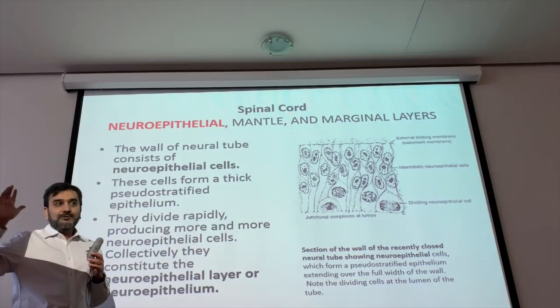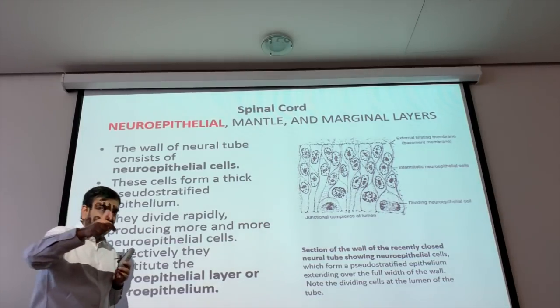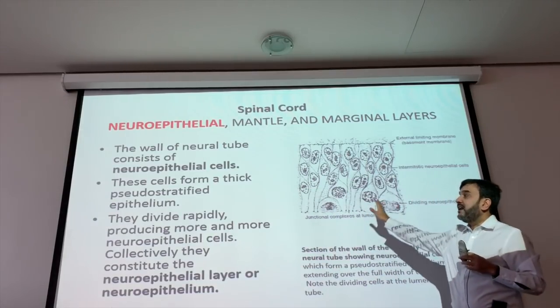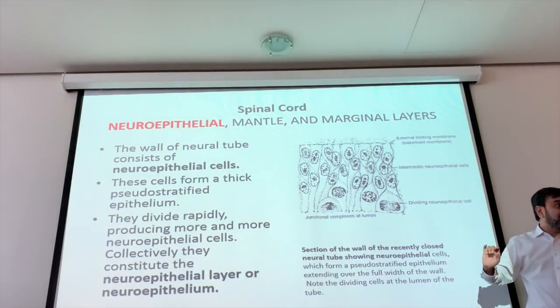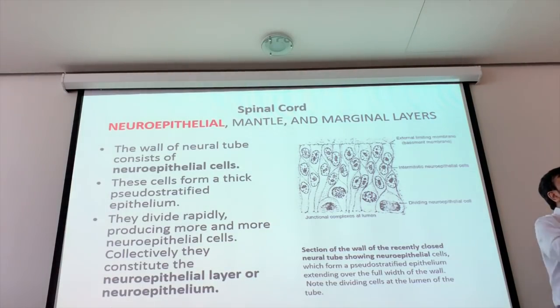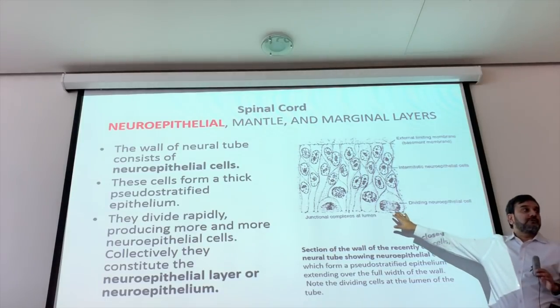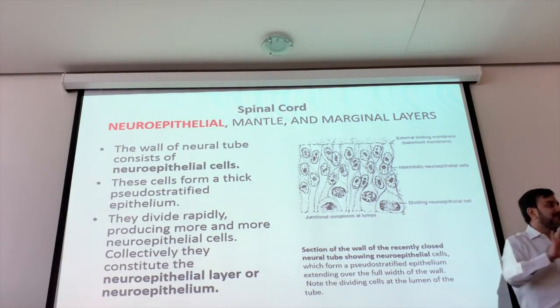So the glial cells and the neurons, which are the main type of cells in the nervous system, are all going to arise from the neuroepithelial cells, and neuroepithelial cells are the ones which are lining the neural tube. Clear? So all cells in the nervous system are coming out from the neuroepithelial cells, and these neuroepithelial cells are lining the neural tube. They are pseudostratified columnar epithelium.